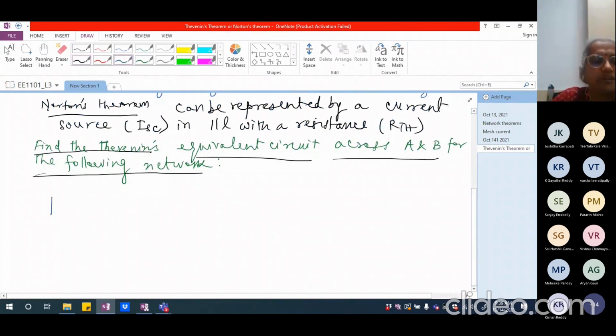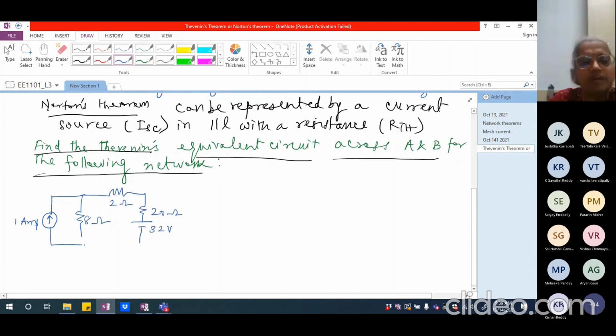So I start with a 1 ampere current source. This is a 1 ampere current source. And I'm going to have an 8 ohm resistance. Then this is a 2 ohm resistance. This is a 20 ohm resistance. And I'm going to have a voltage source here, which is a 32 volts source.